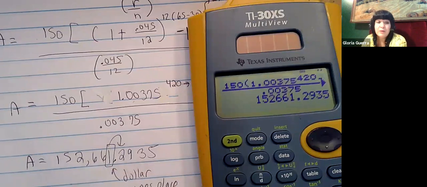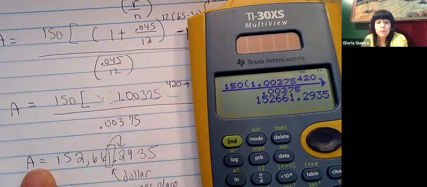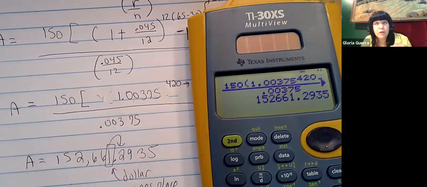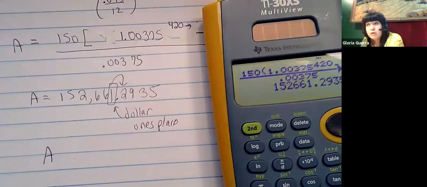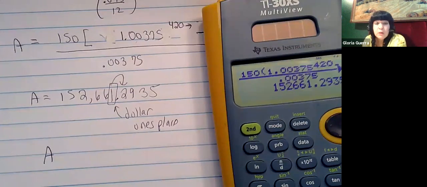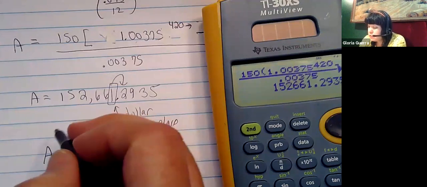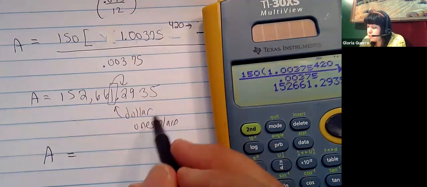And see, this is not a P. If we were solving for a P, then that's when you have to round up. So make sure you're not falling short of your financial goals if you're solving for P. Okay, but this is not one of those problems. We're solving for A. So just round to the ones place.